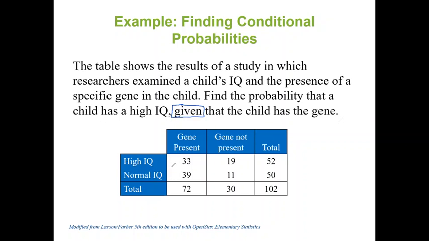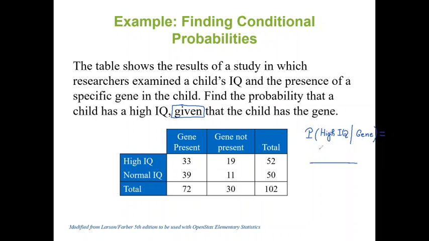So we look at this table and we see that we have high IQ right here. We have normal IQ right here on this row. We have gene present and gene not present. And then we have the partial total and the grand total right here. Okay, so in order to solve this problem and find the probability that the child has high IQ, given that the gene is present, we'll simply have to take a look at a fraction.